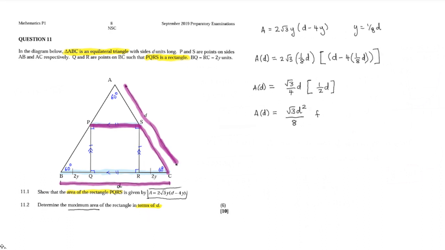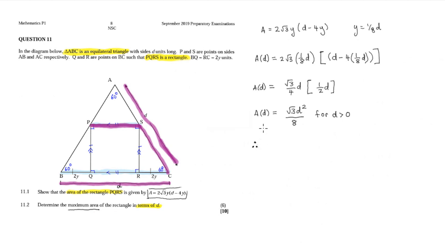The way that you are going to get your maximum area is through the area of this rectangle in terms of D, for D greater than 0, because obviously D can't be equal to 0. So your maximum area is just going to be determined by your chosen D value.